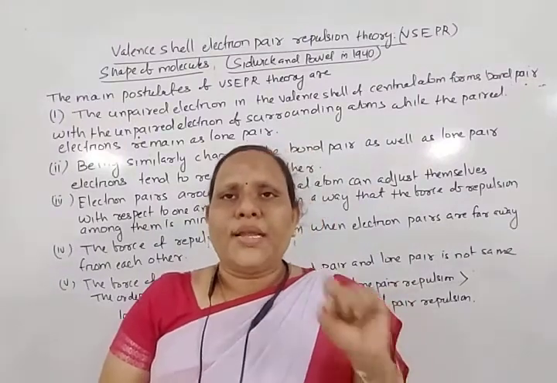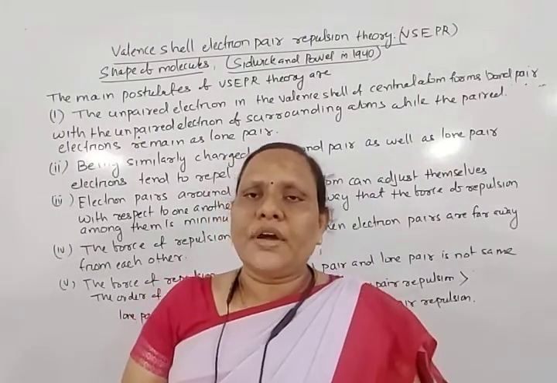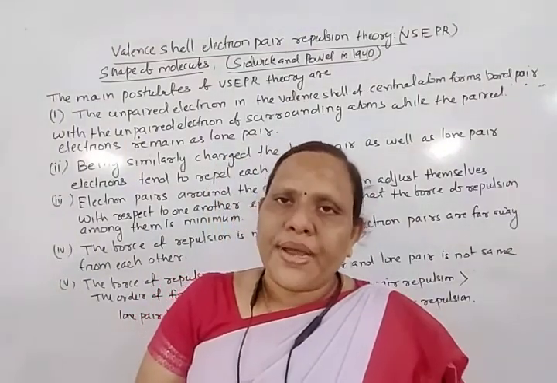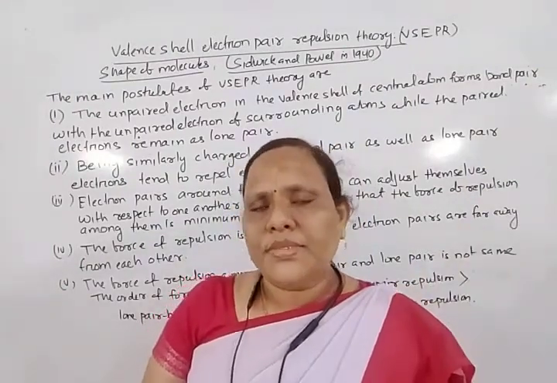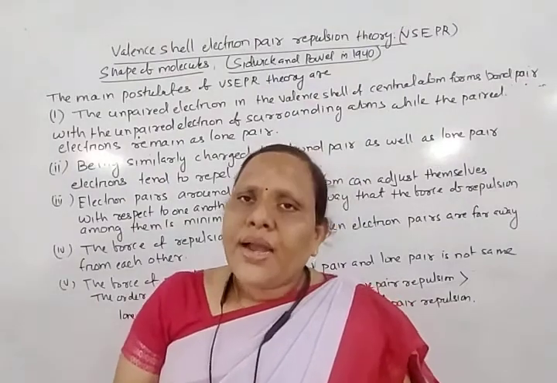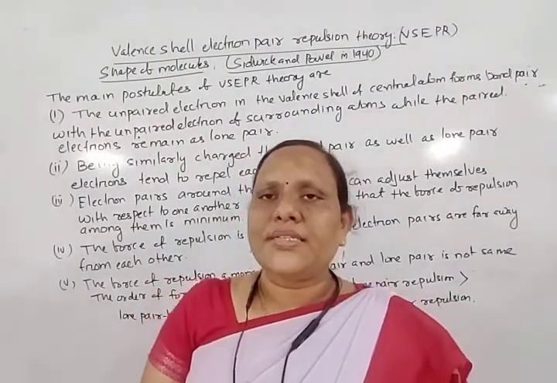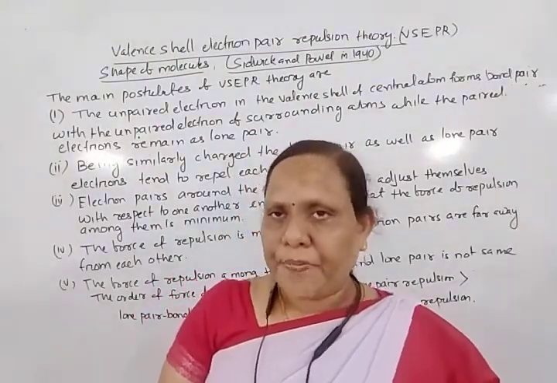The unpaired electrons around the central atom form bond pairs with the unpaired electrons of the surrounding atoms, and the paired electrons remain as lone pairs or unshared pairs. Again I am repeating: the central atom is surrounded by unpaired electrons and some paired electrons; the unpaired electrons form bond pairs with the surrounding atoms, and the paired electrons remain as lone pairs.